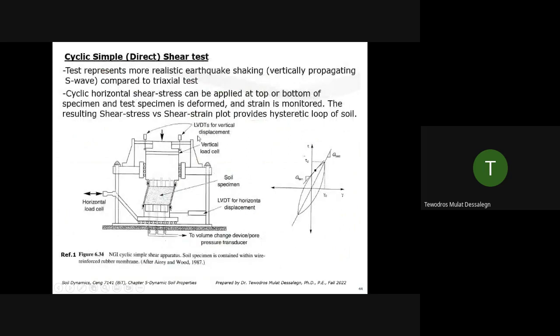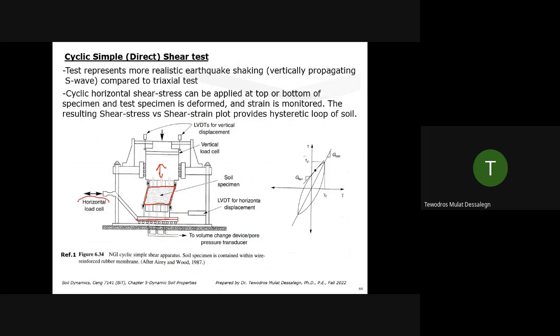But in the case of cyclic simple shear, or sometimes called cyclic direct shear test, the load we apply, you can see it here. This is a soil sample. And instead of applying a load like this axially, we are applying it laterally. So this is like a shake table.